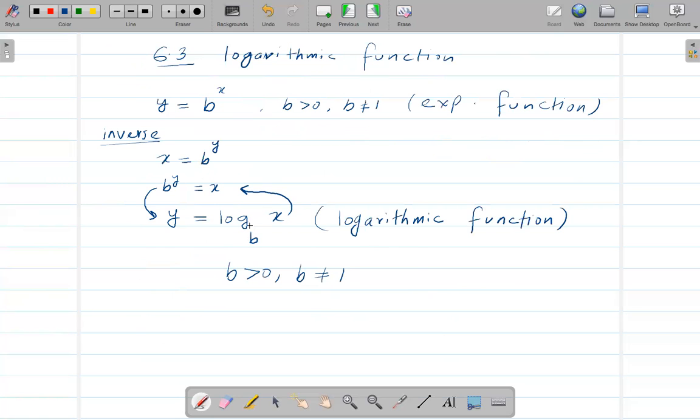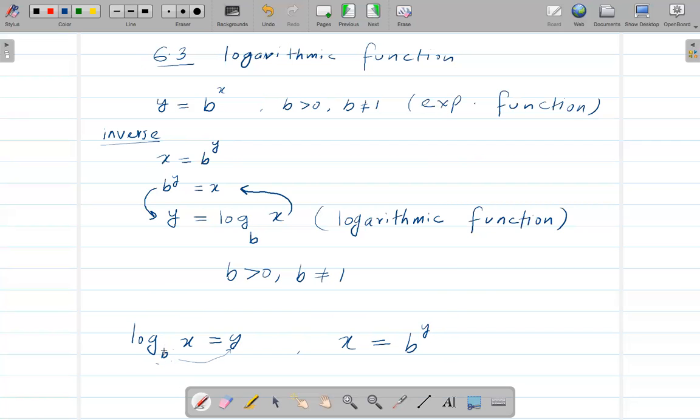So if you want to change this to an exponential function, all we have to do is move this base here, so that way we get x equals b to the power y.